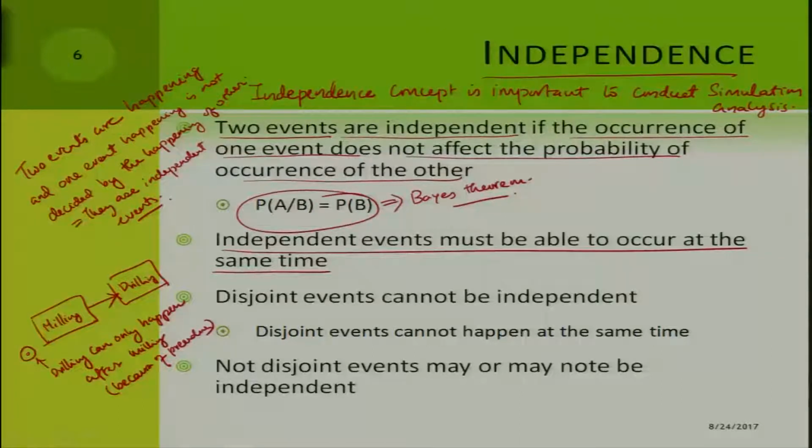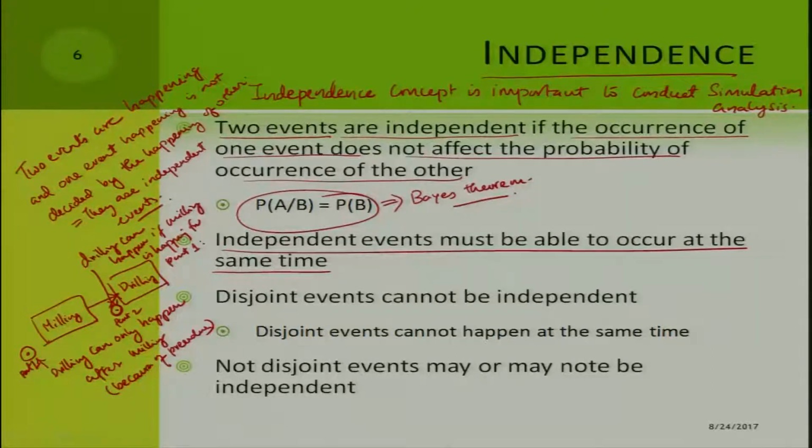But if you have another part, two different parts, this is part 2, this is part 1. For part 2, drilling can happen if milling is happening for part 1, assuming that it is over.